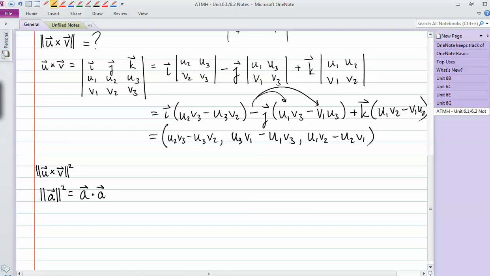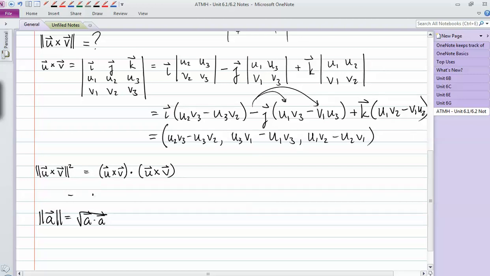You might remember it in this form instead, but if I square it, then you get the one above it. So u cross v all squared is really u cross v dot u cross v. So let me get rid of this stuff below.